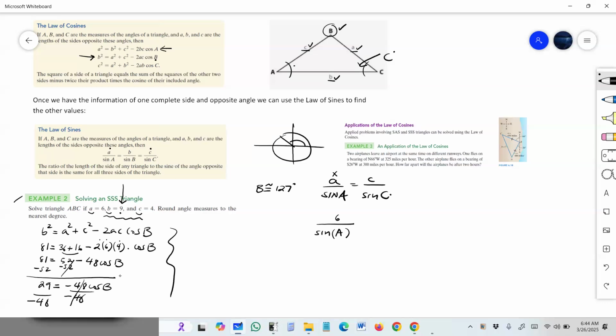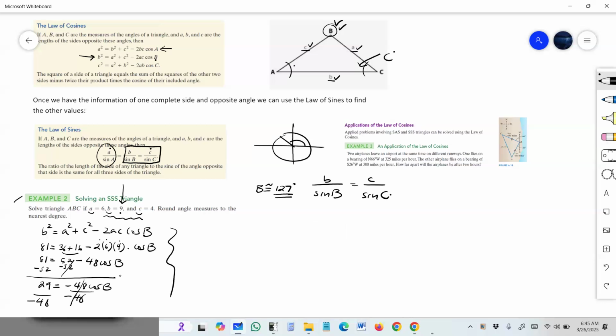I need to use the one with the information that I have. So we made a mistake, and we fix it. I can't use this part because I don't have angle A. I do have angle B, so B over sine of B. Yes, this is the correct relationship that I need to use.